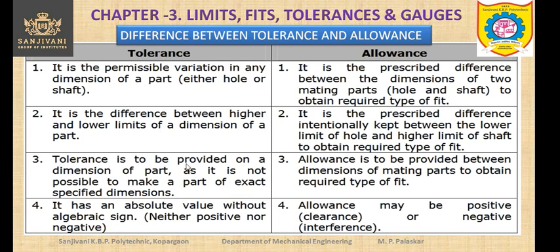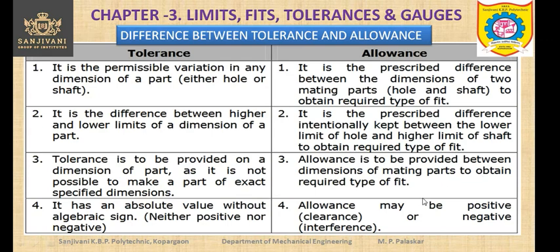Now tolerance is to be provided on a dimension of a part, as it is not possible to make a part of exactly specified dimensions. So no part can be manufactured according to the exactly specified dimensions. Therefore we have to provide some tolerance. But allowance is provided between dimensions of mating parts to obtain the required type of fit.